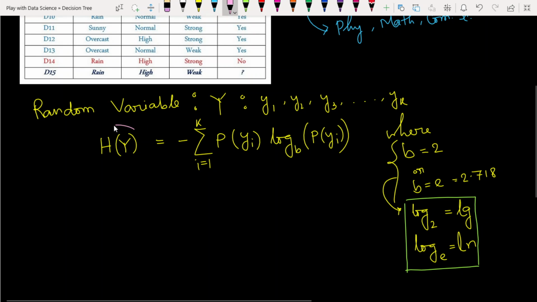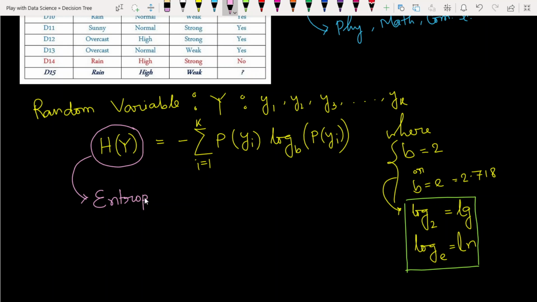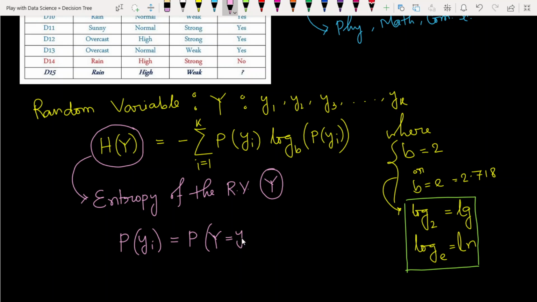So this H of y is called the entropy of the random variable y. And P of yi is simply the probability that the random variable y takes the value yi. This is the simple definition of entropy in information theory.